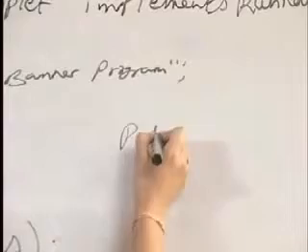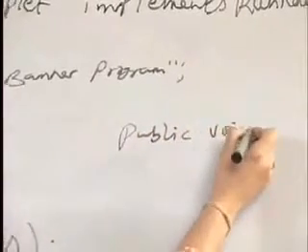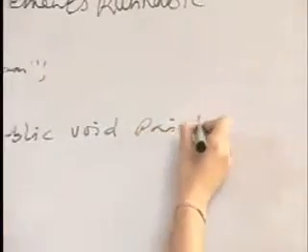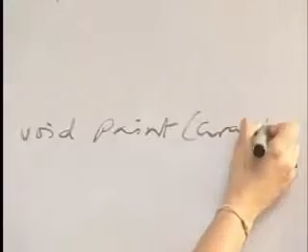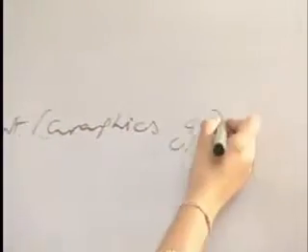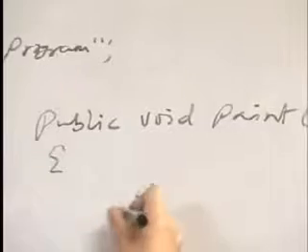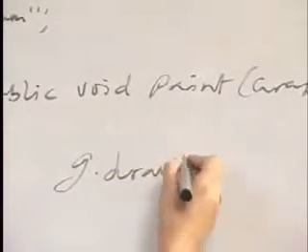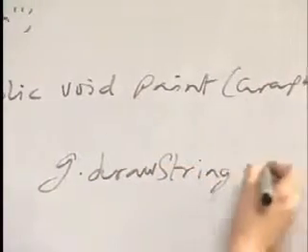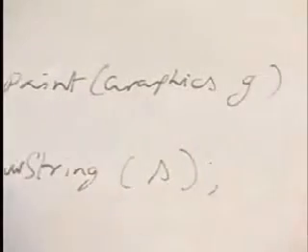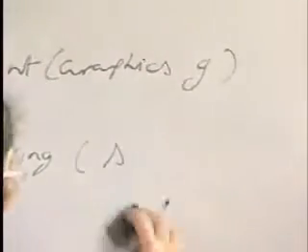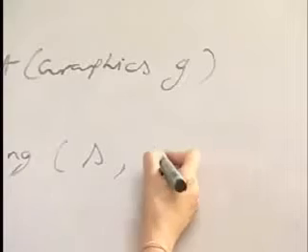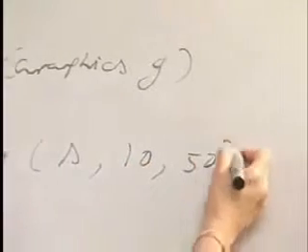We also need to override the paint method, in which you do a drawString of s at the x comma y position, let's say 10 comma 50.